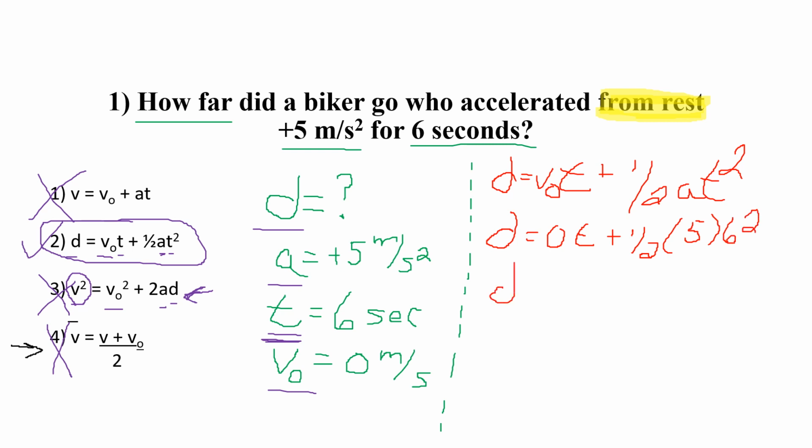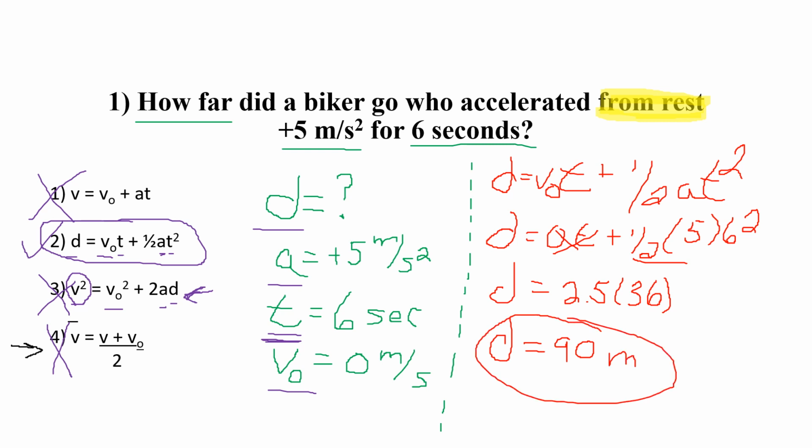All right. 0 times anything is 0, so that's gone. Half of 5 is 2.5. 6 squared is 36. I am going through this math quickly. If you ever need to pause and just take a minute, do that. 90. Perfect.